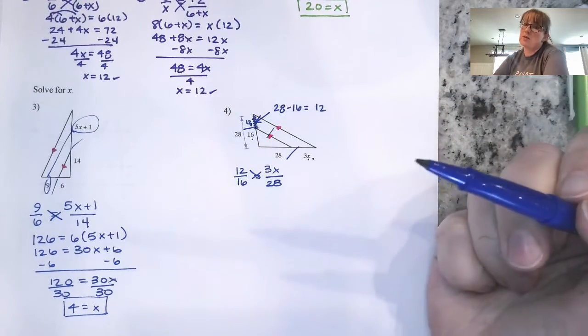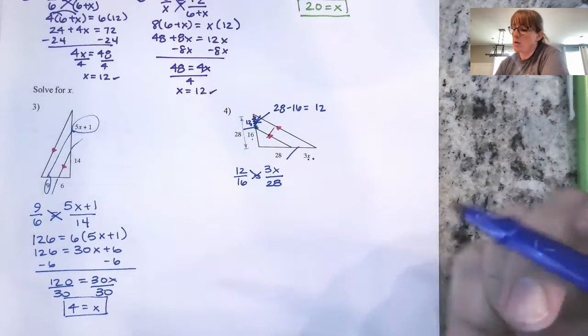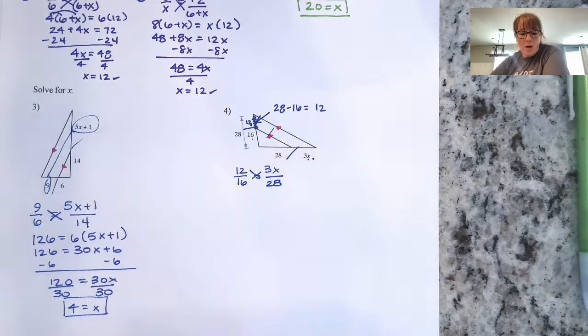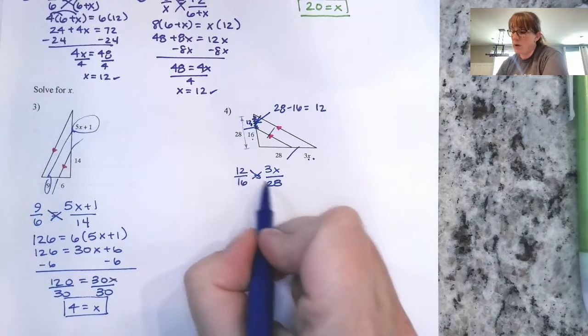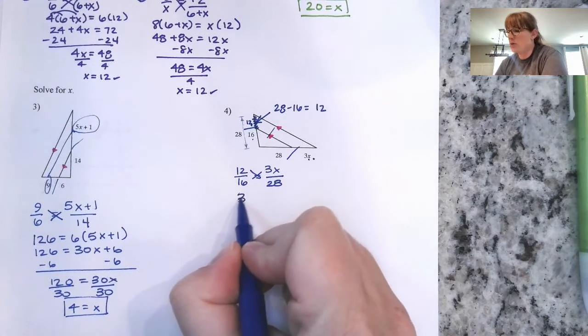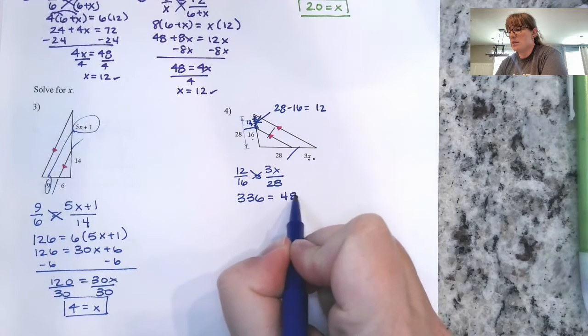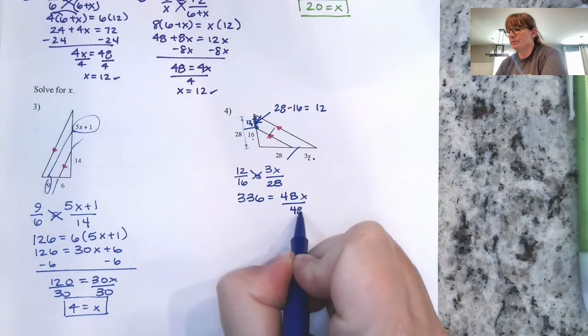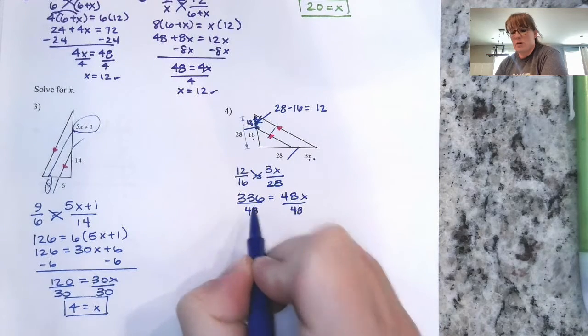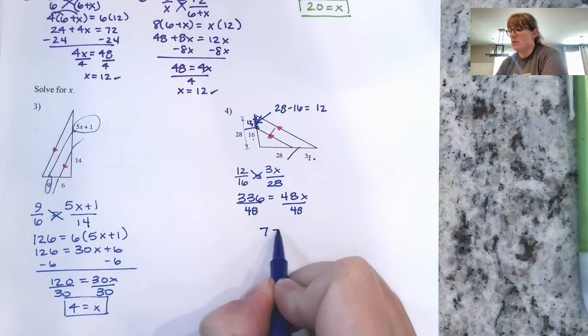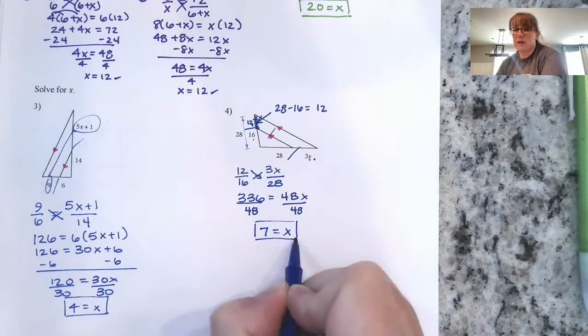Even though there's multiple ways to do that proportion, it's not an equivalent proportion. Okay, so we have 12 times 28 is 336. 16 times 3 is 48. So we get 7 is x on this guy.